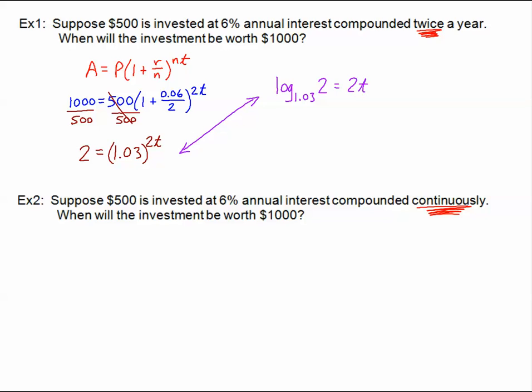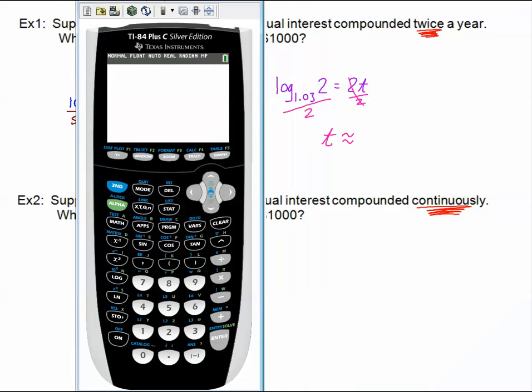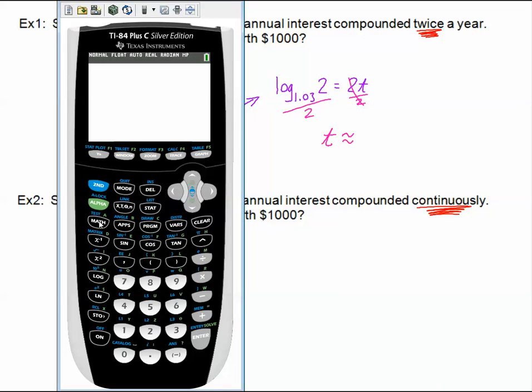T is almost solved for. All I would have to do is divide by 2, and I'll have what t is, approximately. I need to do the log base 1.03 of 2 and then divide that by 2. And I'll just do that on the calculator. If you don't have the log base function on your calculator, you can press math and then up.